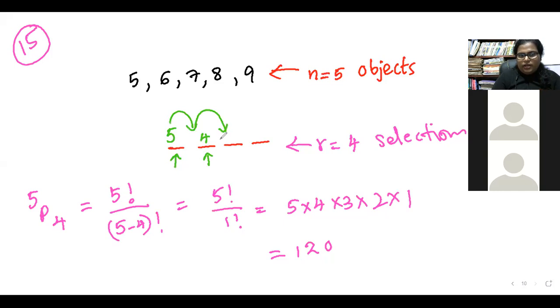For the third, we have already used 2 from the 5, so we have only 3. After filling these 3 positions, we have only 2 for the 4th position. By multiplying these 4 choices, we get the same answer, 120.